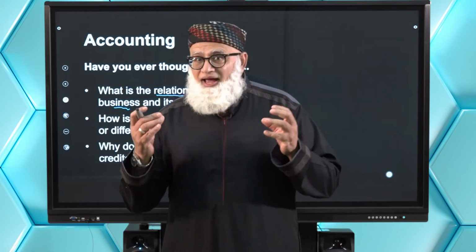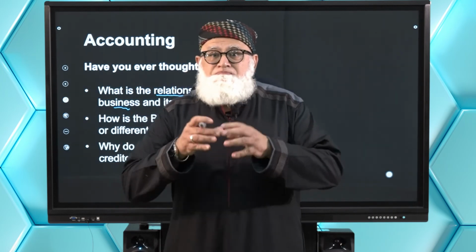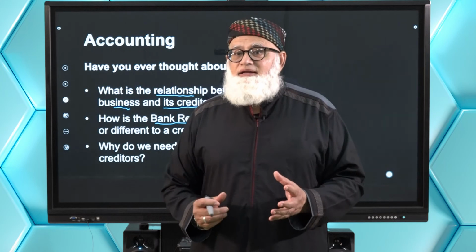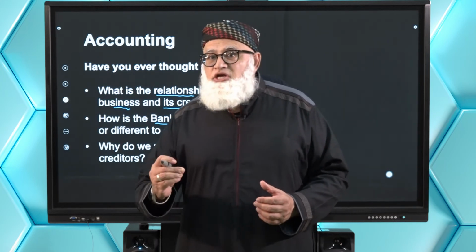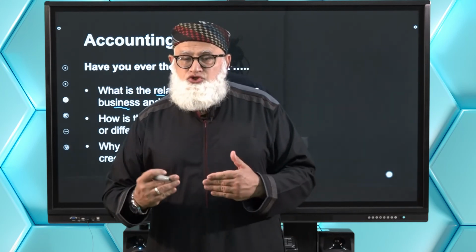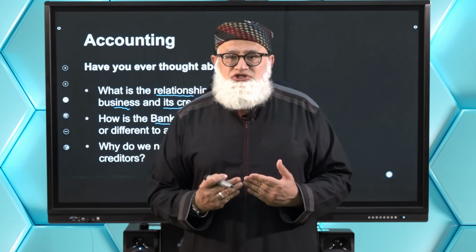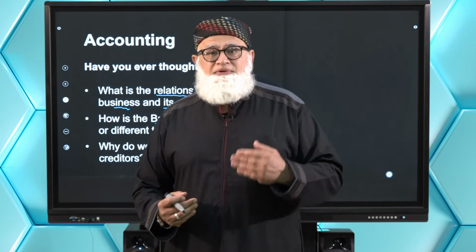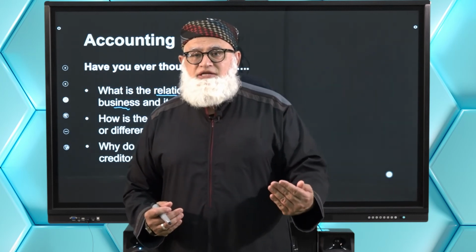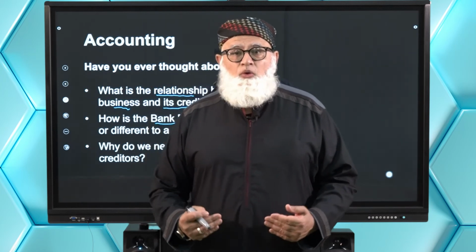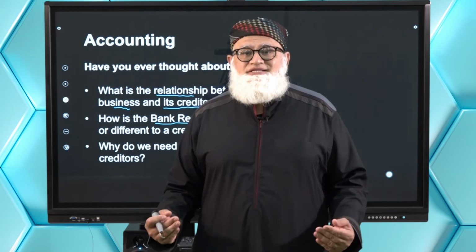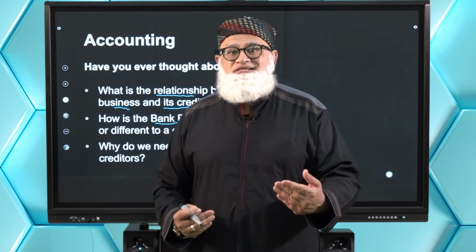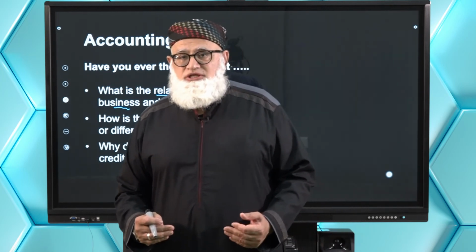So keep in mind the concepts and principles that we applied when we worked with the bank reconciliation statement, and I promise you, if you understand that relationship, then you're going to see the similarities between a bank reconciliation statement and what we're doing today, the external creditors reconciliation.